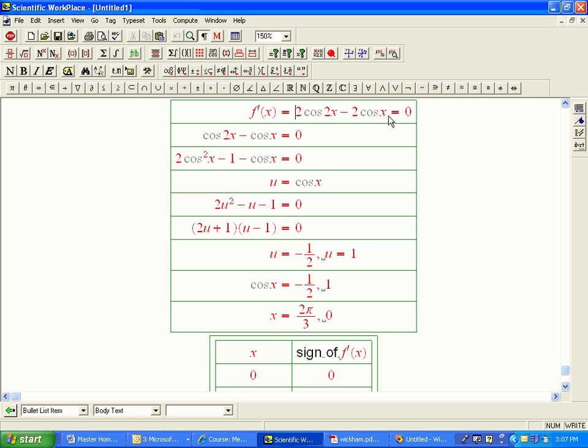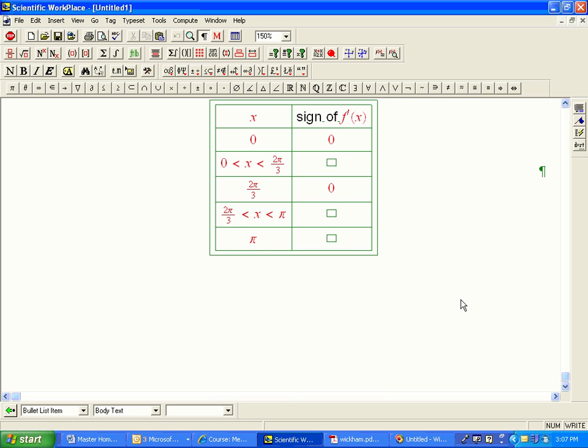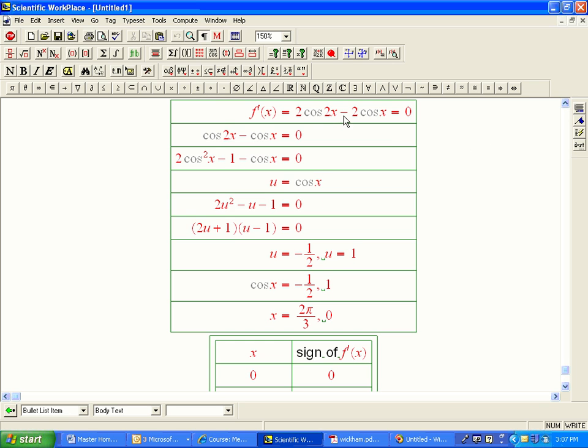If you plug in values, you could plug in like a pi over 2. Cosine of pi over 2 is 0. This is cosine pi, so that's minus 1, so that's going to be negative. And then more often than not, when you go through a 0, it changes sign, but that's not a guarantee. Don't count on it. So what's a good x between 2 pi over 3 and pi? 3 pi over 4 would work.